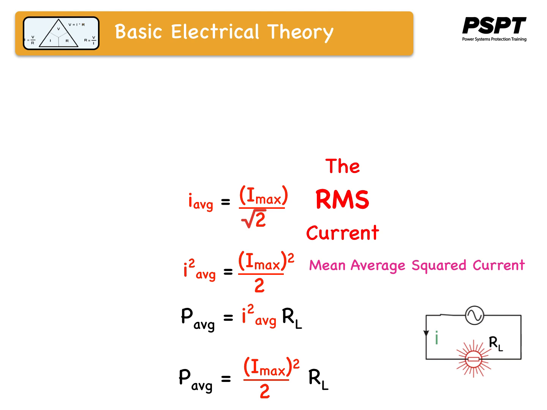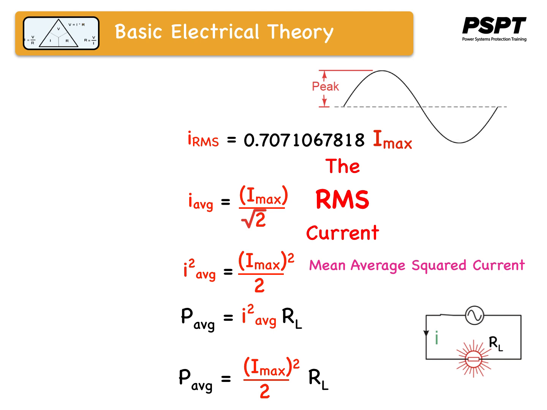So the RMS current is the mean average current, and it is exactly equal to 1 over the root of 2 times I max, which was the peak value that we were looking at earlier, and 1 over the square root of 2 is 0.70710678818, and it goes on for a long time.